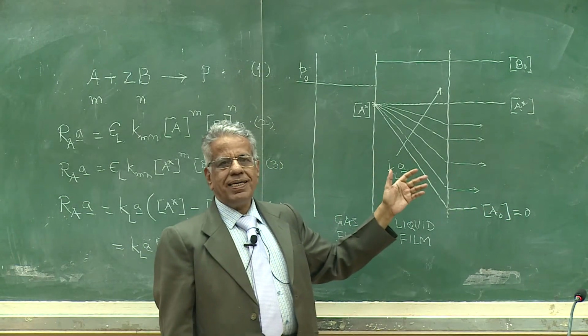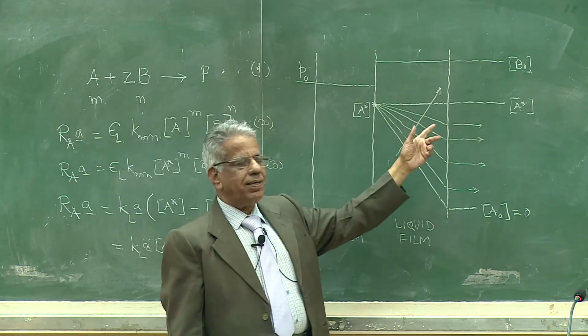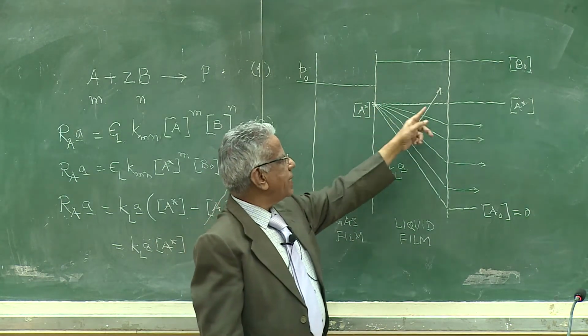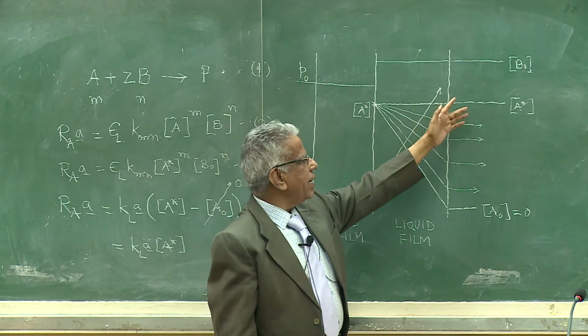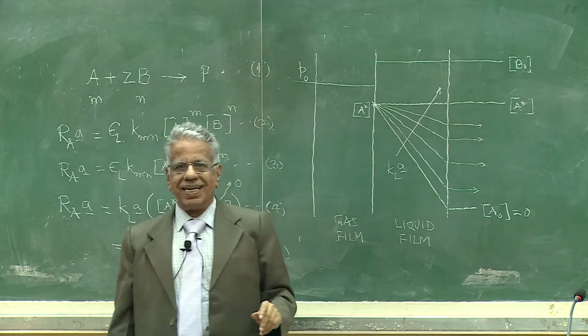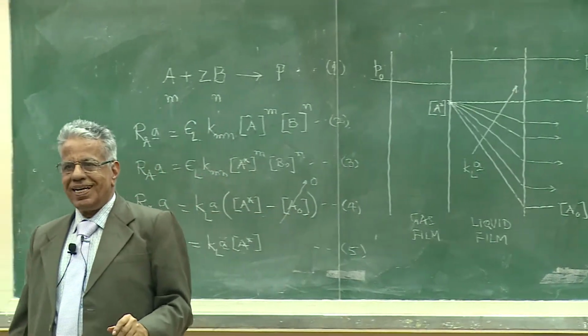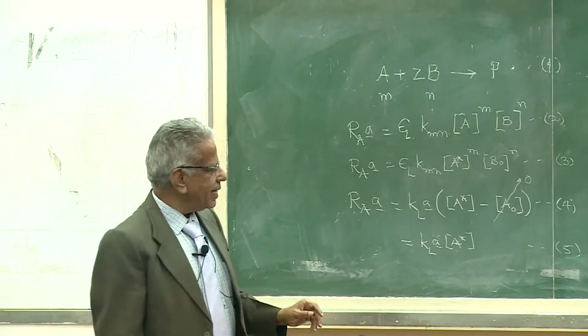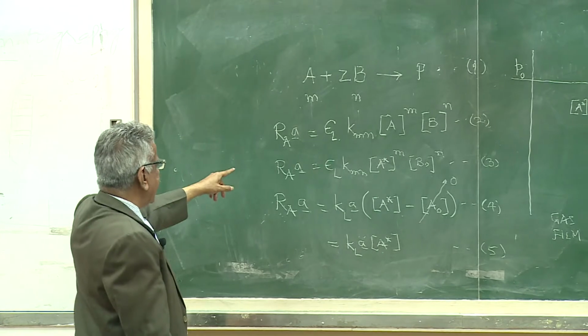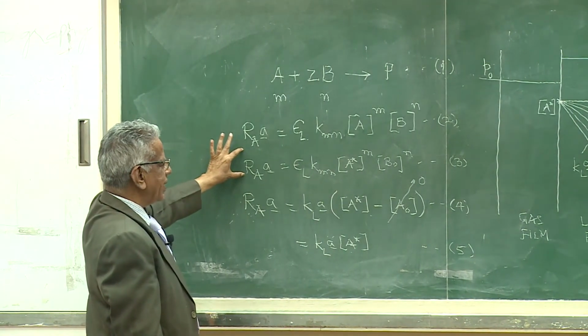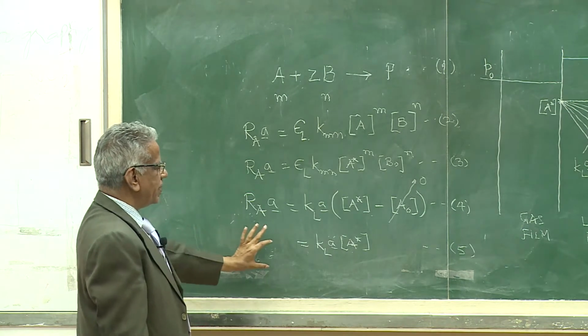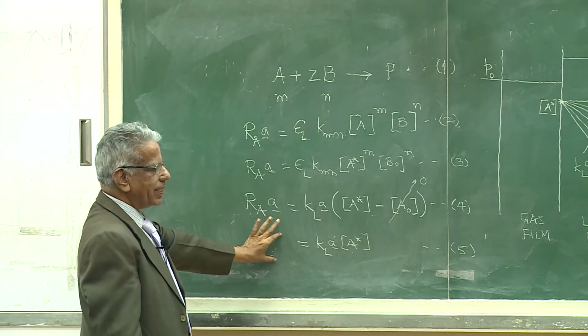Whereas, when it is totally kinetically controlled and there is no mass transfer resistance, there is no concentration drop, and liquid phase concentration is A star, then it is called completely reaction controlled. Right? So, equation 3 is completely reaction controlled, whereas equation 5 is completely mass transfer controlled.